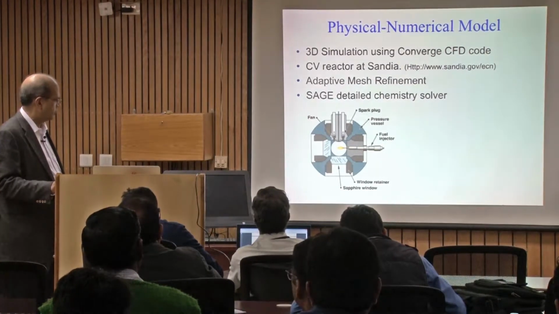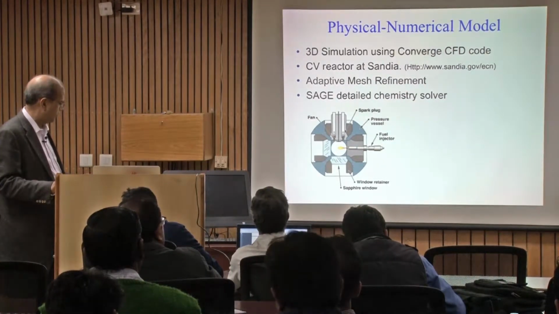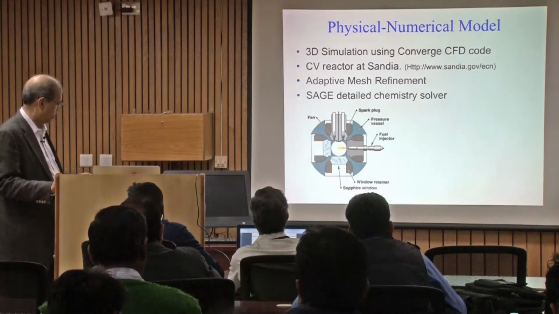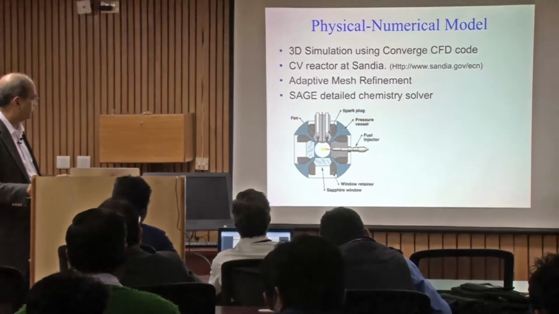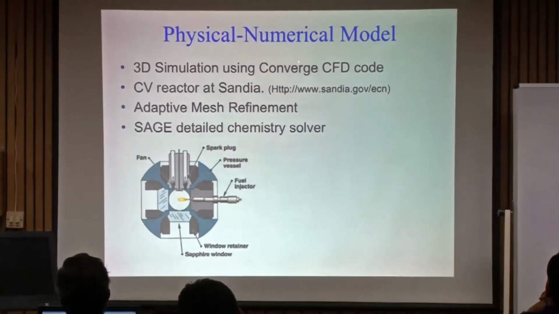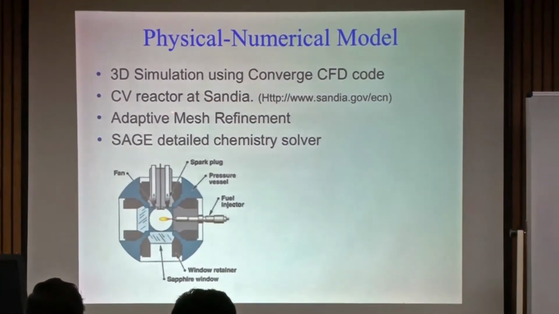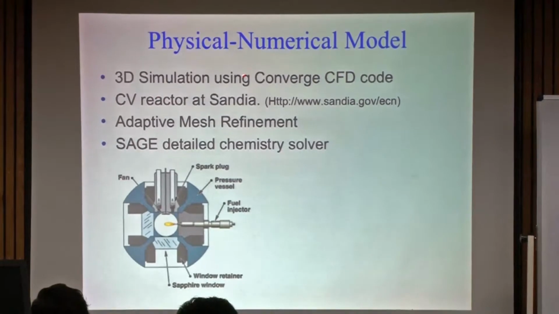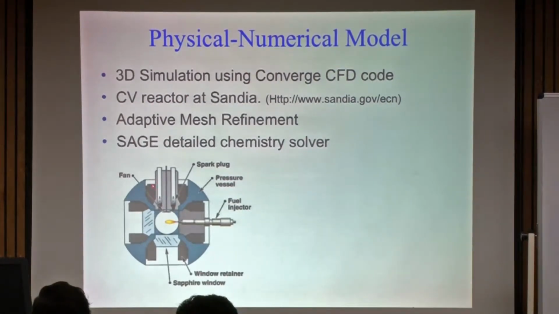We have done some for the spray flames, so I'll just show you some results. For computational work, we use this software Converge, which is a 3D diesel engine software. So we are simulating again this constant volume reactor. These are just some features of the software.